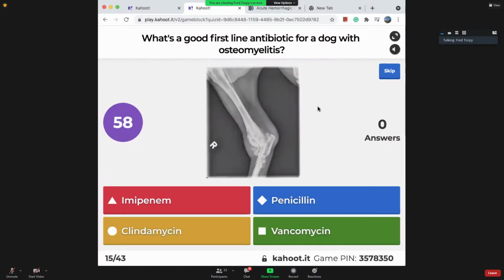Okay. So with osteomyelitis, we need a drug that's relatively lipophilic and able to get into these hard to penetrate areas.